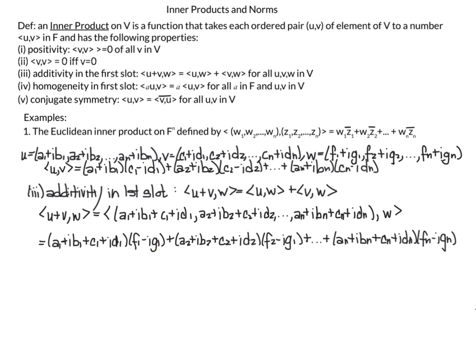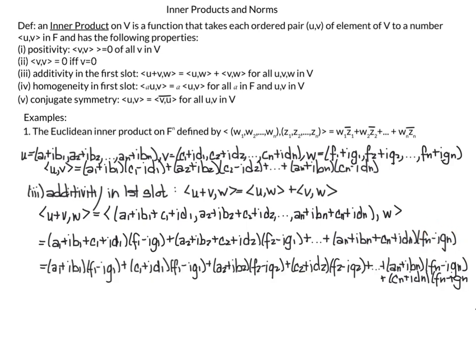Now I need to add that with my second coordinate, a2 plus ib2 plus c2 plus id2, with the complex conjugate of the second coordinate of w, which is f2 minus ig2. And I do this for the nth coordinate, an plus ibn plus cn plus idn, multiplied by fn minus ign. Using just regular operations, the distributive property, I'm going to multiply my f1 minus ig1 by these first two terms and add that to my f1 minus ig1 times my second two terms.